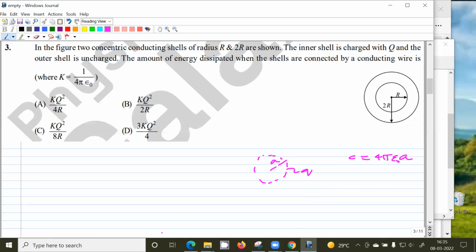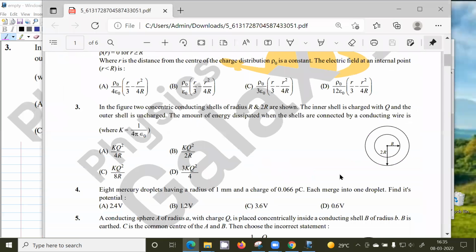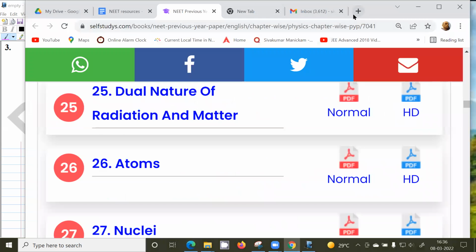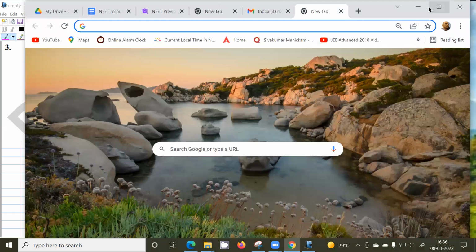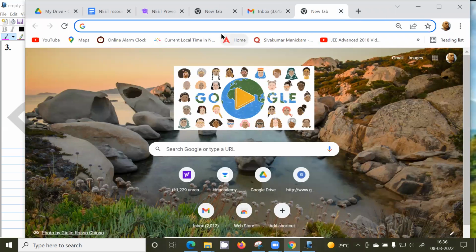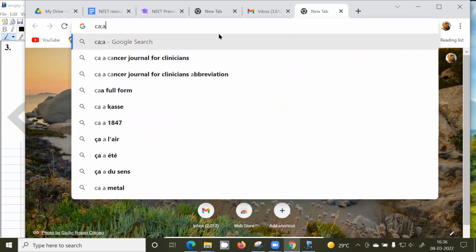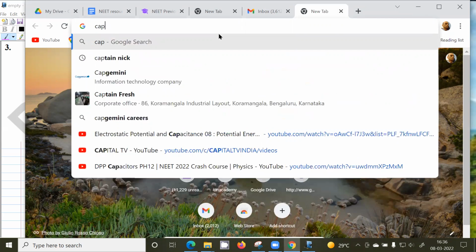Okay, then let me skip this one. I'll come back to it. Okay, this one: 8 drops, 1 millimeter. I charge this one. I merge into one droplet, find its potential. So basically, you have to know the expression for capacitance of a spherical conductor. Wait, sir, I'll check in my last year notes.